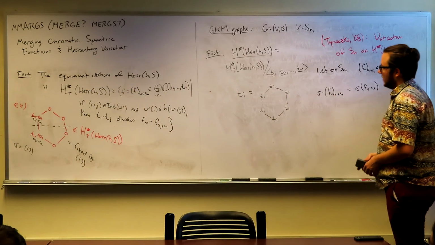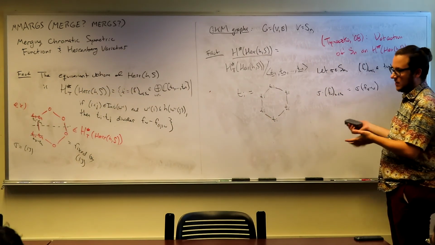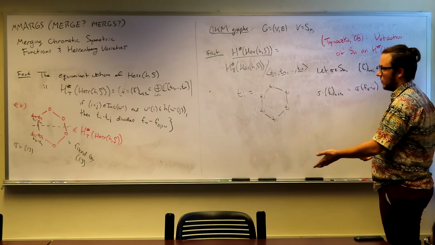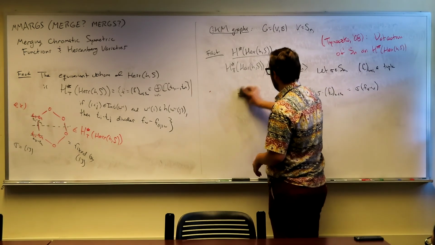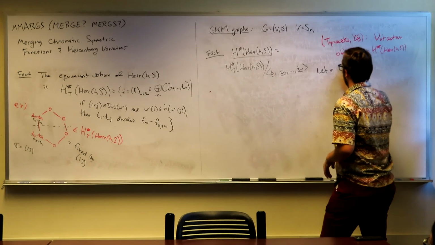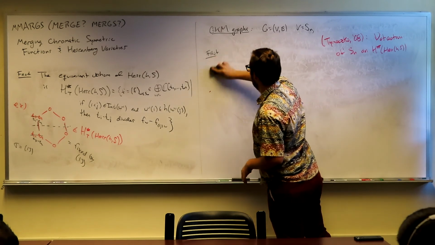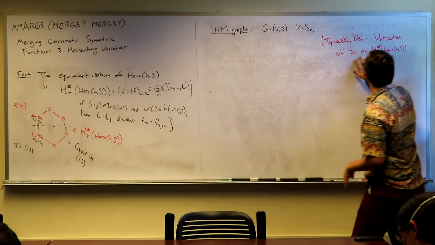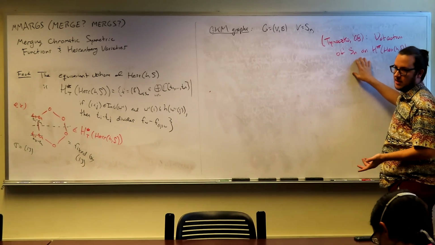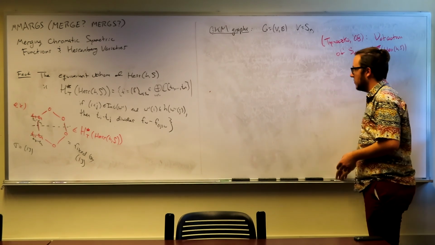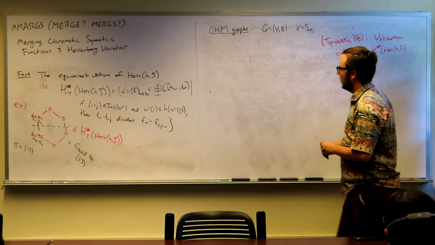The thing that ties together the Hessenberg varieties and the cohomology therein, and the chromatic symmetric functions, is a Frobenius map, which takes representations of Sn. This dot action can be represented as a representation of the group Sn.